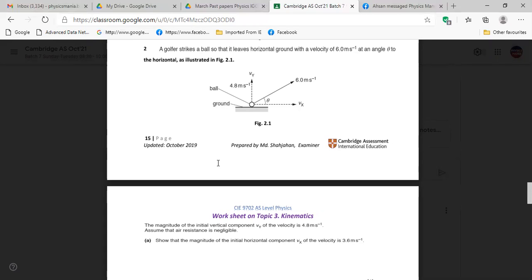Farhan, you read wholeheartedly. Question 2. You see the screen, right? Yes sir, I have the worksheet in front of me. So please see the screen and read.